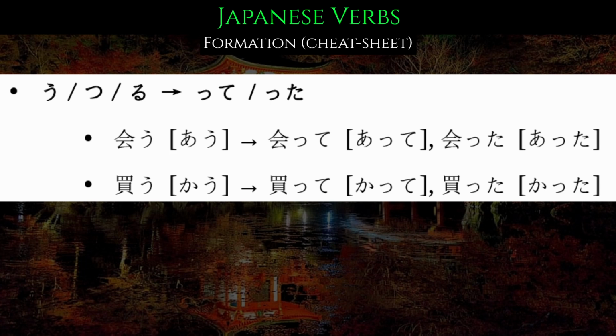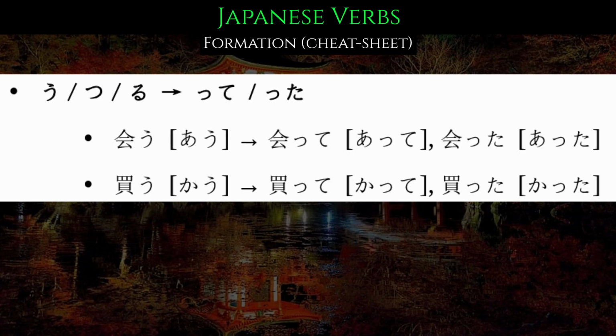First, note here, we do have different groups depending on the ending of the verb in the plain form or jishoke. So, first we have a group. Here we have u, tsu, or ru. To form the te form or ta form, we are doing the following.